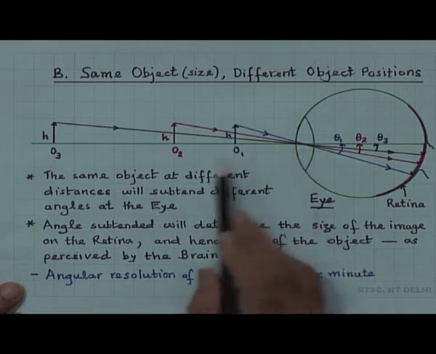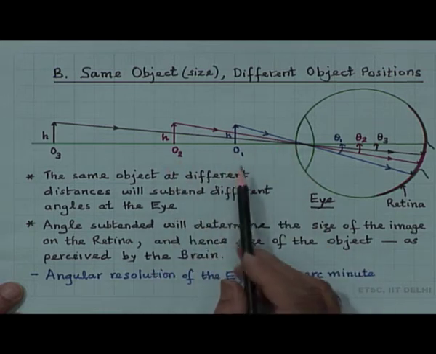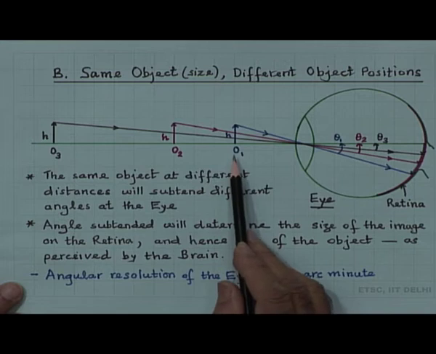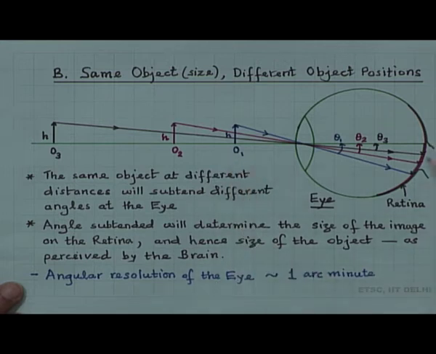Of course, we are looking at distances beyond the near point, so that the object is still clearly visible, but the area occupied on the retina is larger.